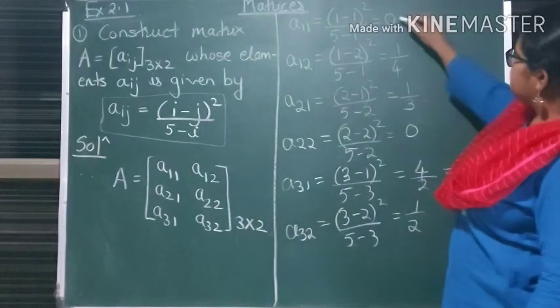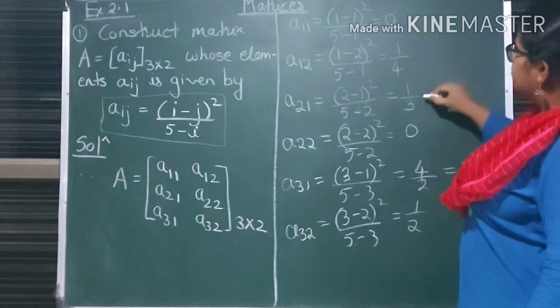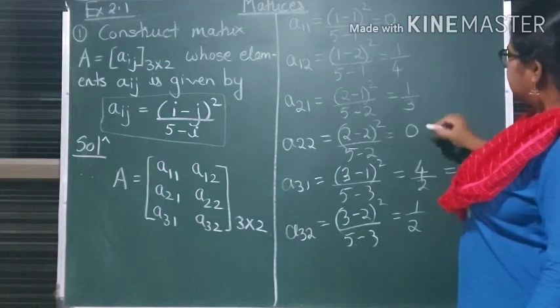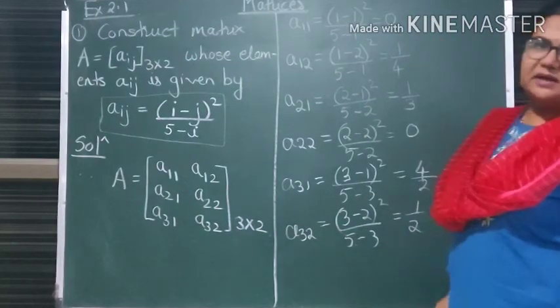So, you have all the 6 elements: 0, 1 by 4, 1 by 3, 0, 2 and 1 by 2.